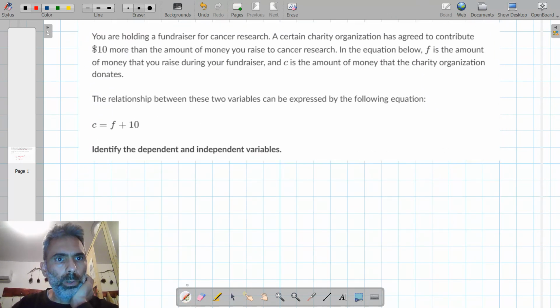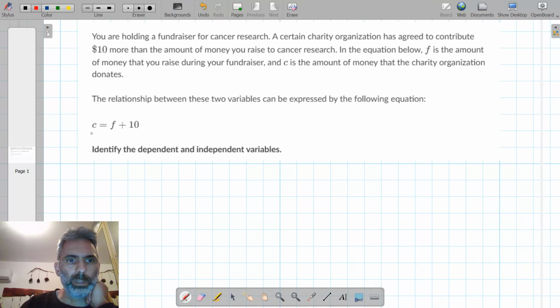Okay, you are holding a fundraiser for cancer research. A certain charity organization has agreed to contribute $10 more than the amount of money you raise to cancer research. In the equation below, F is the amount of money that you raise during the fundraiser, and C is the amount of money that the charity organization donates.